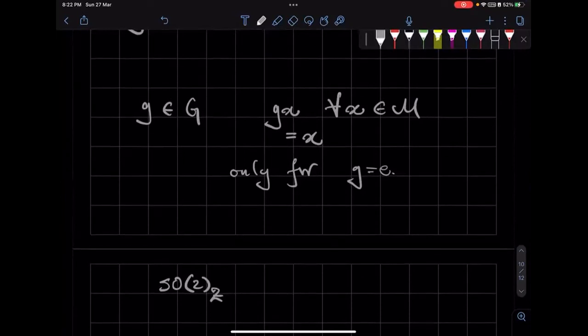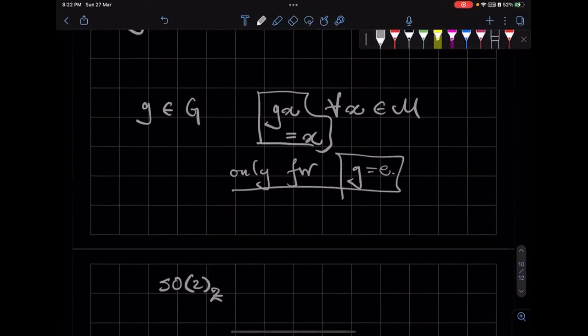So, sorry, it does satisfy this only for G equal to E, right? So that means that the group action of SO(3) on S2 is effective.